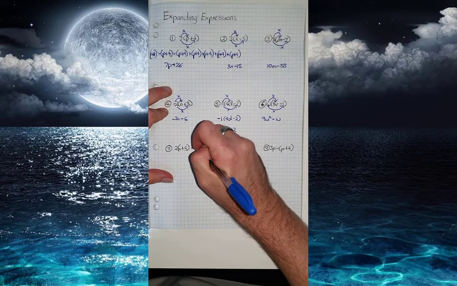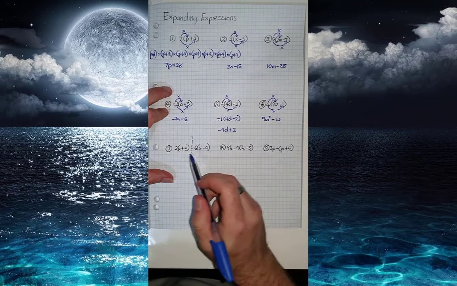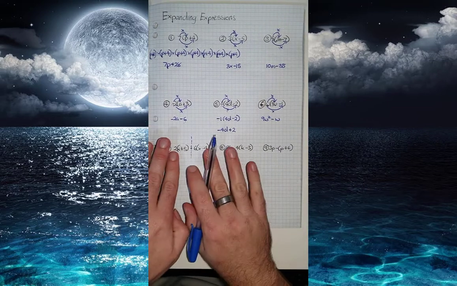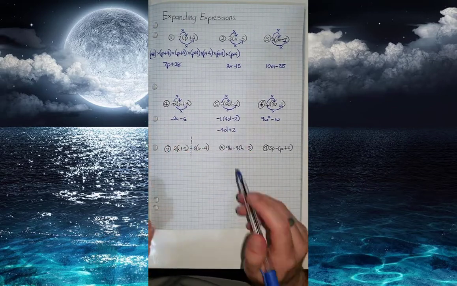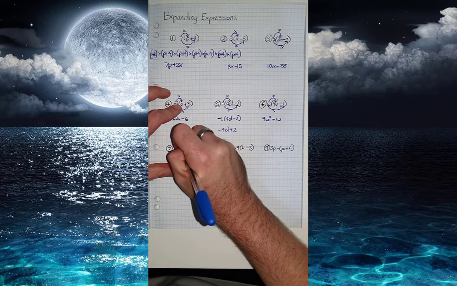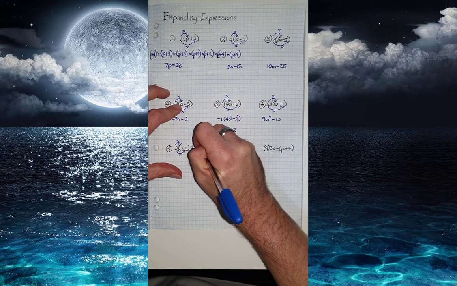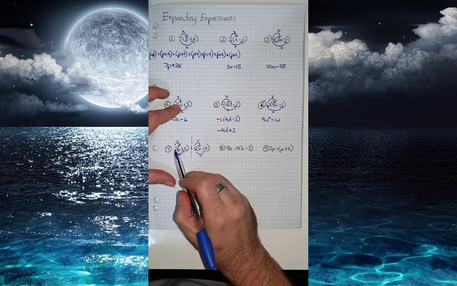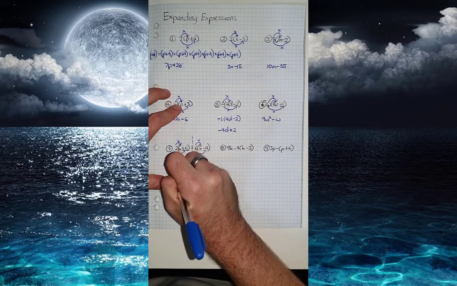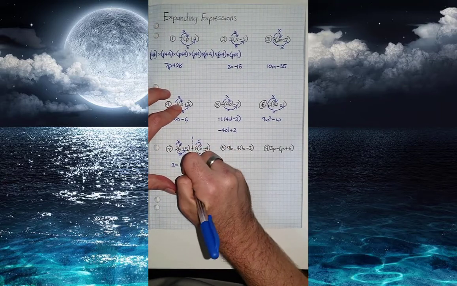Now, if I draw an invisible line straight down the center, I've got 2 halves of what we've just done up here. So all I need to do is repeat my process twice, as such. 2 times x, 2x plus 2 times 5, which is 10.